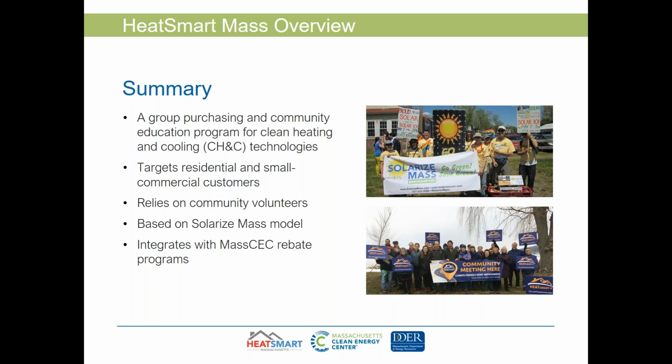This was originally based off of the Solarize Mass model, which is again a group purchasing and community education program. What's also nice about the HeatSmart Maps program is that it integrates very well with the current rebate programs that we offer for those clean heating and cooling technologies.